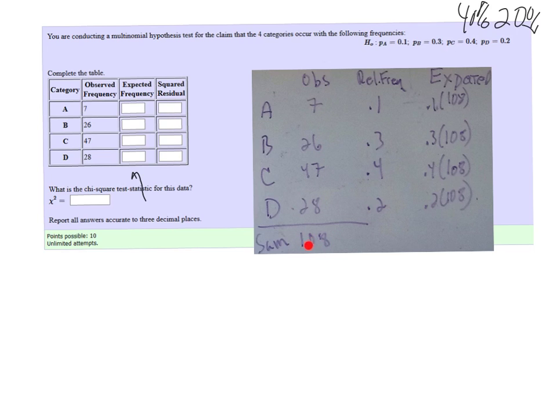I had 108 of them. Since 10% of them is supposed to be in category A, I went 0.1 times 108, and that's going to be my expected value. That's going to go right here, my expected frequency. I did 0.3 times 108, and 0.4 times 108, and 0.2 times 108. And that's how I filled in those columns.